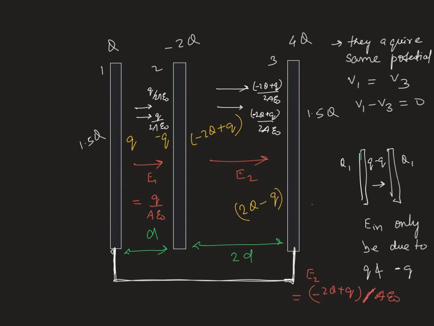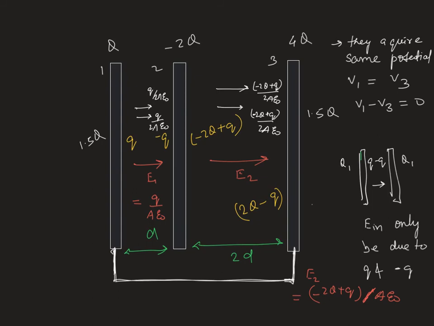This is your field. So basically you have two fields, E1 and E2, and there is a lot of assumption here. First of all, I don't know what the charge small q is, if it is positive or negative. I only know that on facing surfaces, the charges will be equal and opposite.